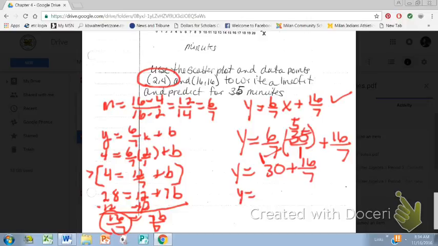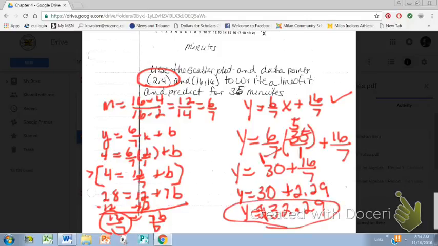If I divide that out, I get 2.29. We're going to put this in money. So rounding off, it's going to be $32.29. And you might have to do that on these because we are talking real life situations, real life money. So $32.29 would be my prediction.